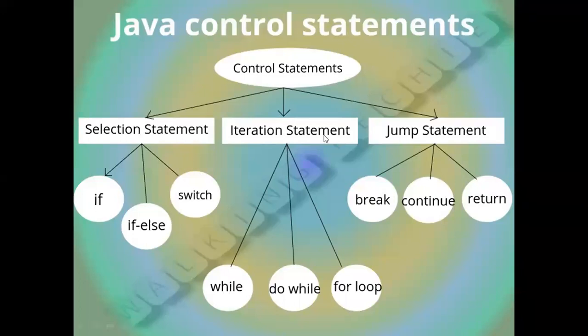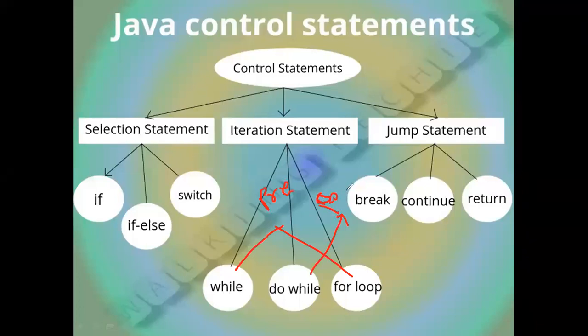Coming to the control statements, coming to the iterational statements. These iterational statements are categorized into three types: while, do while, and for loop. Among these three, while and for are called pre-test iteration loops, and do while is called a post-test iteration loop, right?